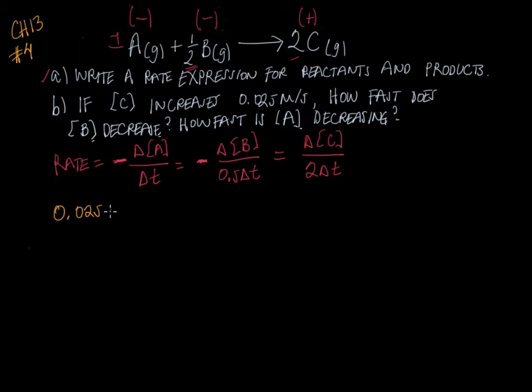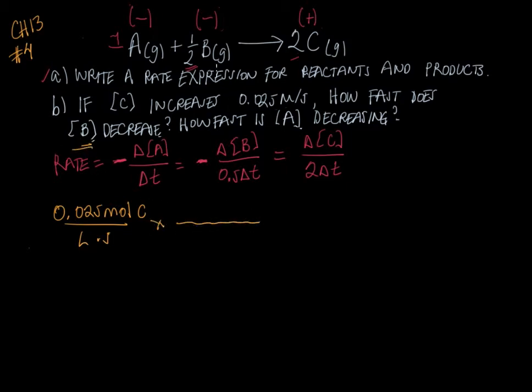0.025 molarity per second. Molarity can be written as moles per liter, and we're talking about the product C. So moles per liter is molarity per second. And we want to convert this to B here.